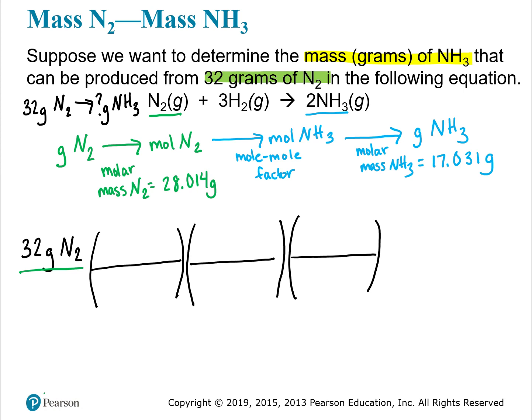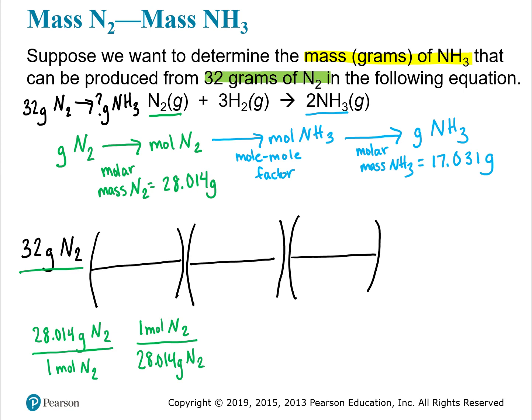Now we need to use the molar mass as a conversion factor. We've got A, we've got B. Which one of these should I use if I'm trying to convert from grams to moles of nitrogen gas?